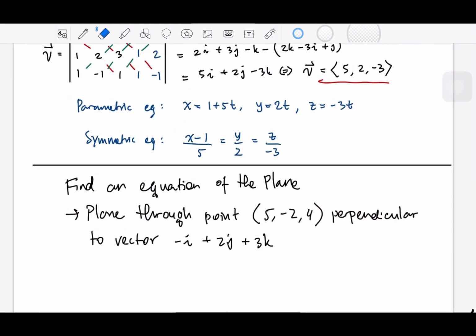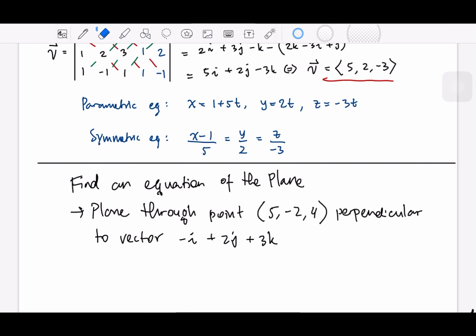Okay, the next question is finding the equation of the plane. So we have a point 5, negative 2, and 4, and we have a vector negative i plus 2j plus 3k. So the plane should be perpendicular to this vector.